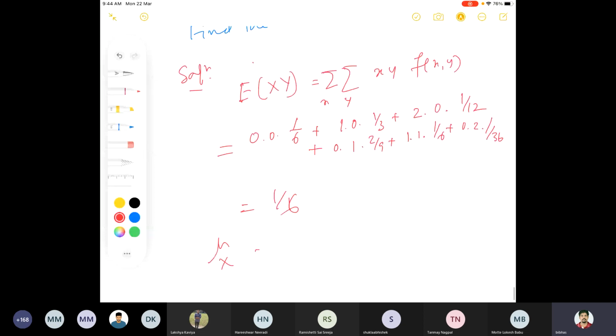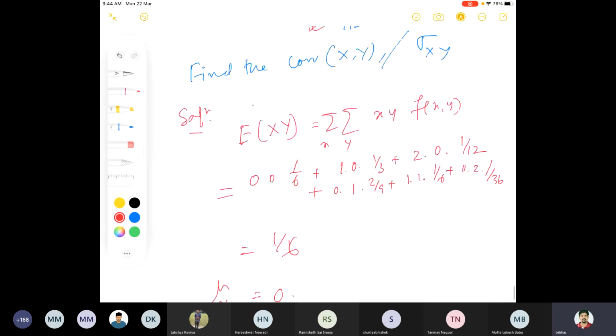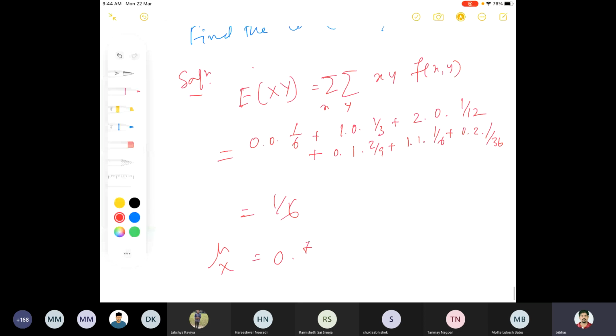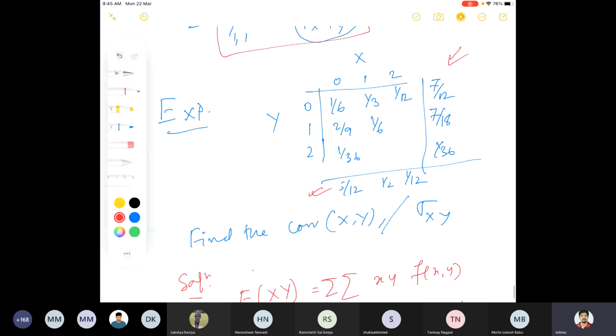And I can of course find out mu x, which will be 0 times the probability, this was my x, right, and this is my y.